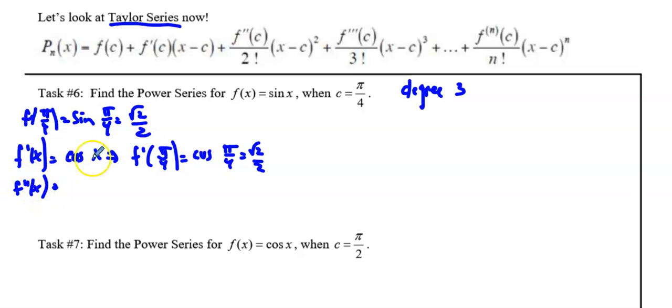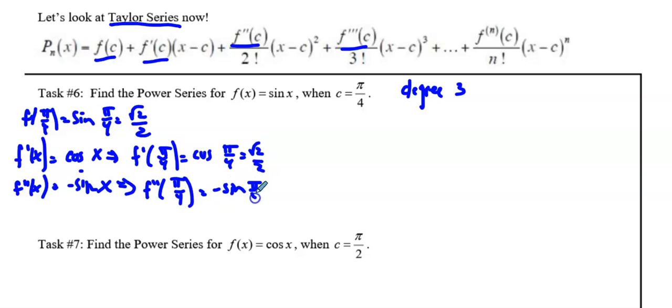The derivative of cosine is going to be negative sine of x. Really all we're doing to find the derivatives is we just want our values: f of c, f prime of c, f double prime of c. That's really the idea here. So f double prime of pi over 4 is equal to negative sine of pi over 4. You don't have to show all this work, because you know it's just going to be negative square root of 2 over 2, and you can figure out the rest as well.